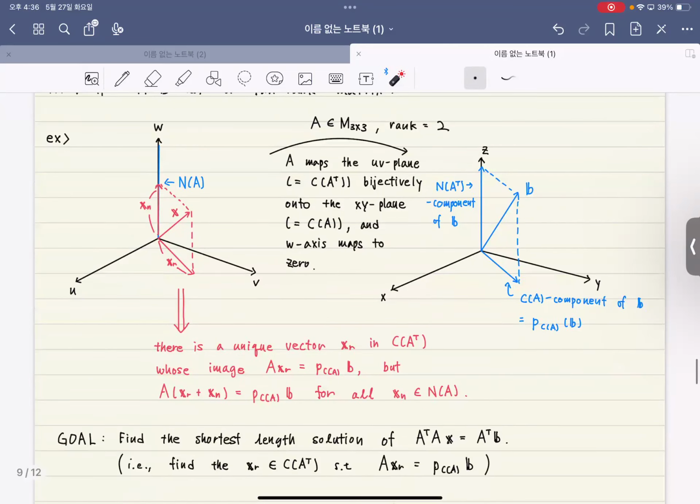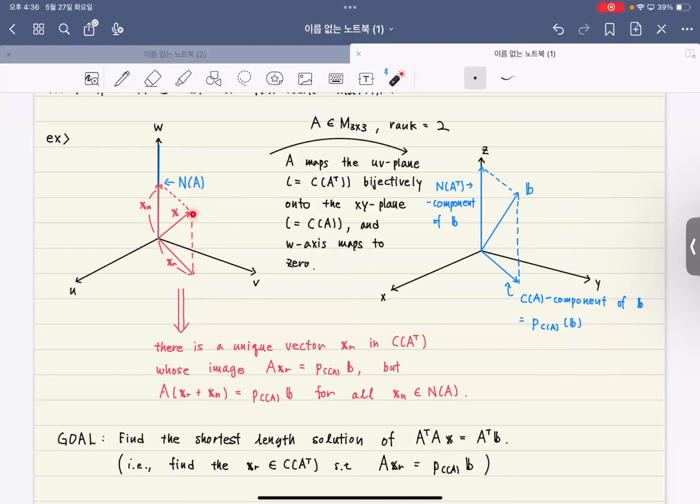All right, but we are not giving up at this point. So this is our new objective. For the normal equation, if A is not a full-length matrix, then we all agree that it has infinitely many solutions. But what I want is to find the shortest length solution of this normal equation. These are the vectors whose endpoint is on this line.